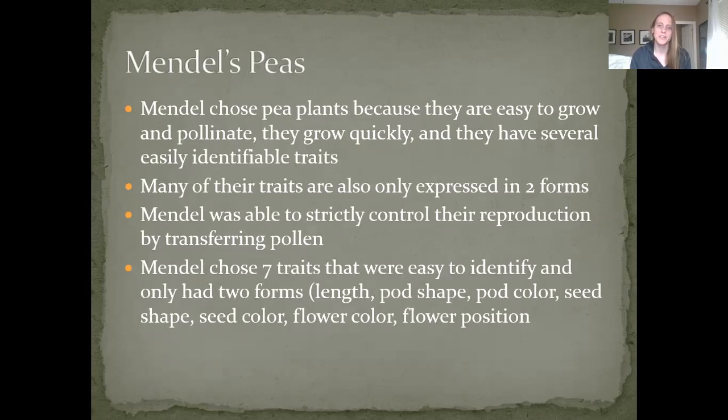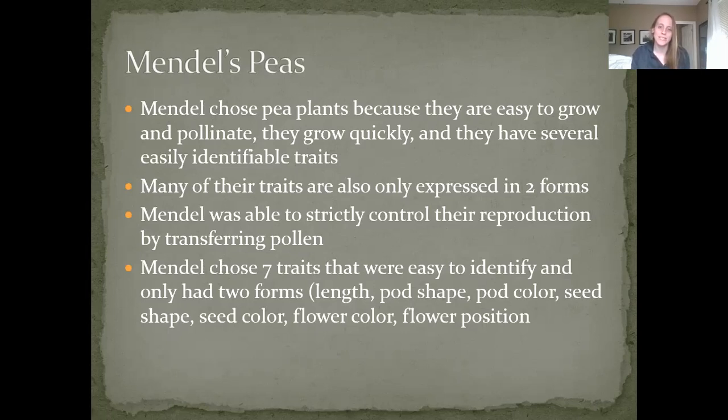The reason Mendel chose pea plants is because they're easy to grow and pollinate, they grow really quickly, and they have a bunch of easily identifiable traits. Many of those traits come in two forms. So he was able to very strictly control the reproduction of the pea plants by transferring the pollen from one plant to another.